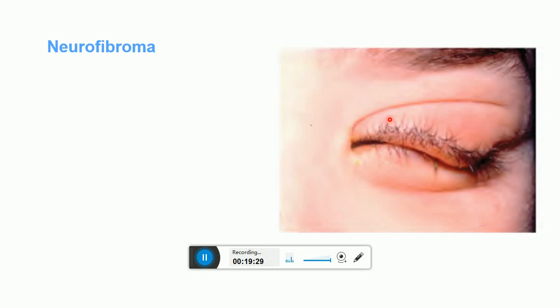Plexiform neurofibromas present in childhood and are a manifestation of neurofibromatosis type 1. There is S-shaped deformity of the upper lid. Here you can see the S-shaped deformity. Treatment of solitary lesions involves simple excision, but removal of the more diffuse plexiform lesion is difficult.